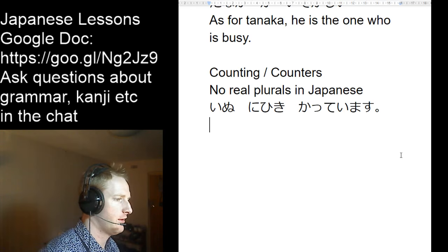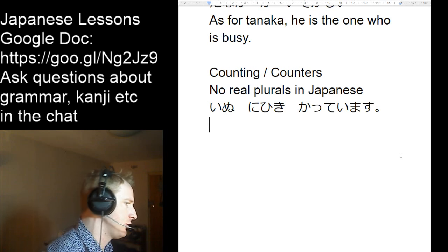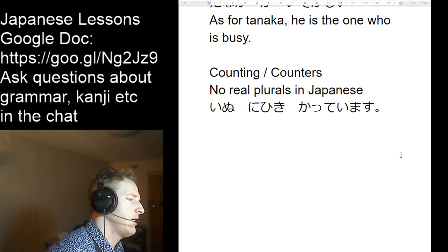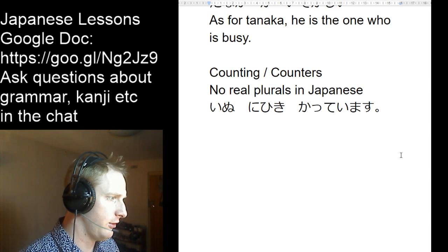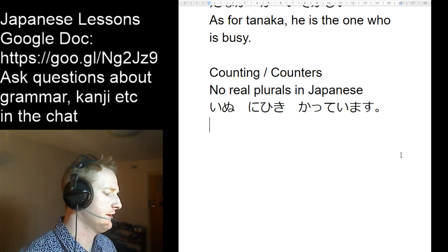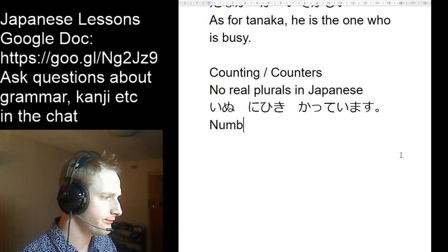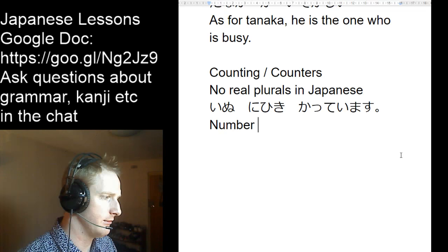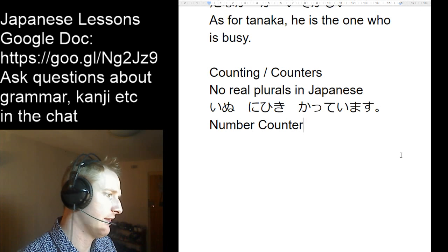But there's a table of about 7, 8, or 9 which I'll put in. If you know that amount, you'll be fine. There are a few counters which a lot of you will already know. But anyway, the basic formula for a counter is something like this. You have the number, and then right after it you have the counter, and that's how it works.